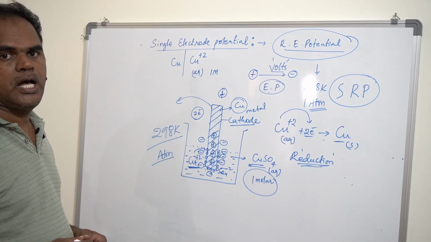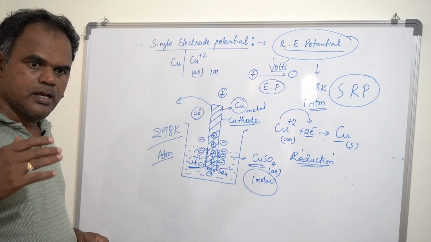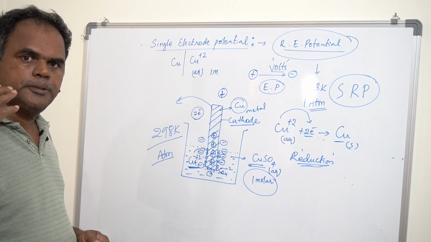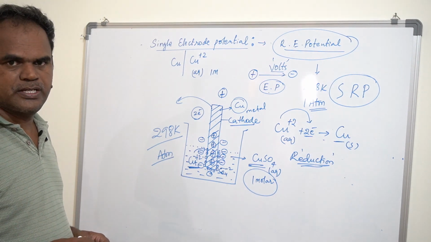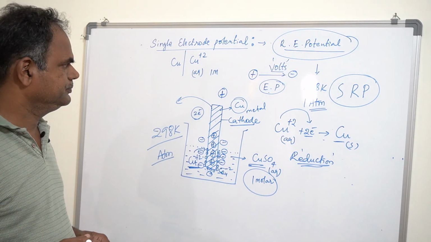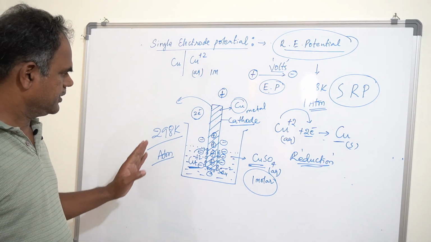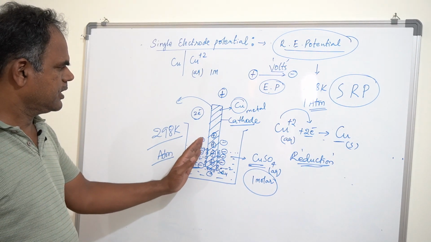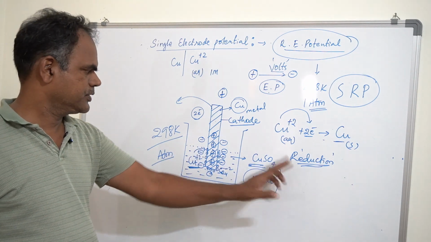After this, next we are going to discuss standard cell potential and cell potential. What is the cell potential of the electrochemical cell, the galvanic cell, we'll discuss now. Of course you understood this one. Cupric ions get reduced on the surface of the copper metal and gain electrons.